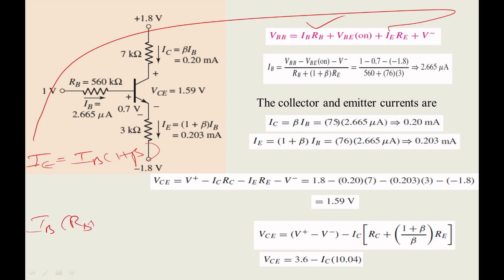So RB plus (1 plus beta) times RE equals VBB minus VBE.